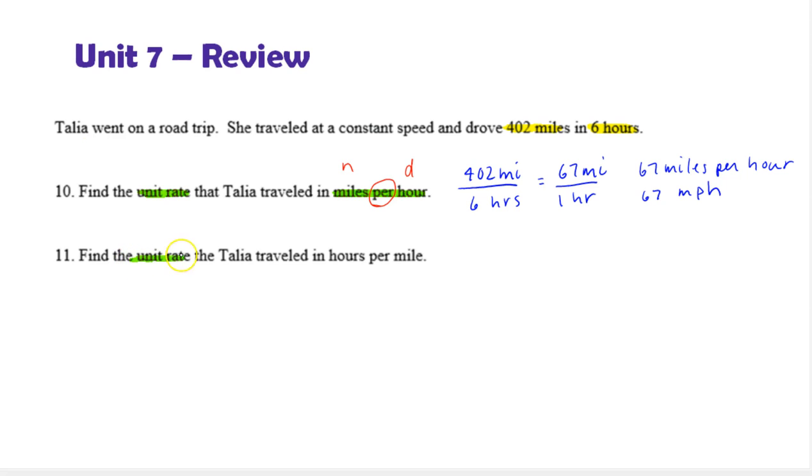Find the unit rate that Talia traveled in hours per mile. And notice that almost sounds the same, but notice how it's different. Hours is going to be our numerator, and our denominator is going to be miles. So we're basically reciprocating this rate, and we have 6 hours over 402 miles.